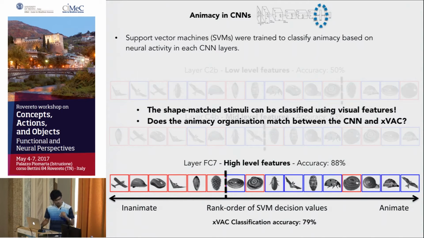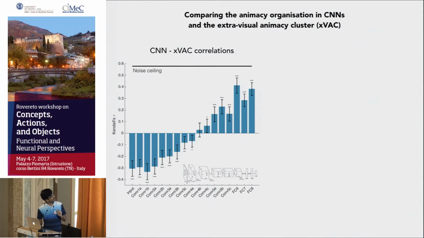So we then compare the animacy organization between each layer of the CNN and the extravisual animacy cortex cluster. As you go deeper into the CNN, the correlations between the animacy organizations increase, and they become extremely high. They don't hit the noise ceiling in any layer, but that's something we can discuss later.